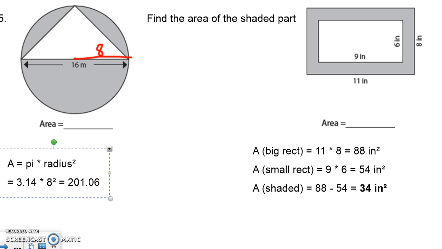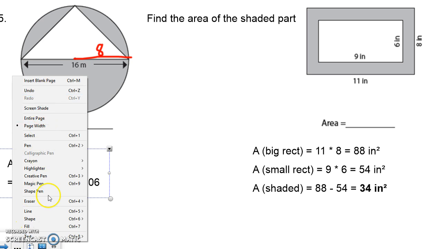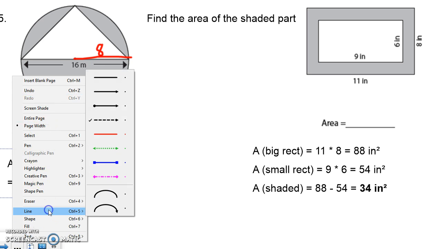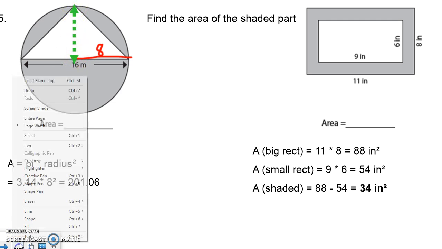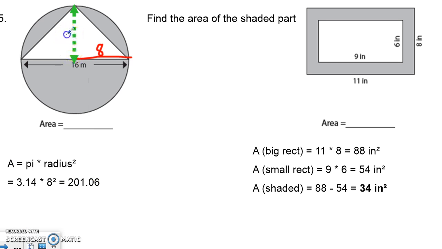Now here is the part that's a little bit tricky. To find the area of a triangle, I have to know the base, which I do. It's 16. The bottom of my triangle is 16. It looks like I don't know my height, but I do, because that's really the same as the radius. It's the center to the outside of the circle. So that is also 8. So the height of this triangle is also 8.